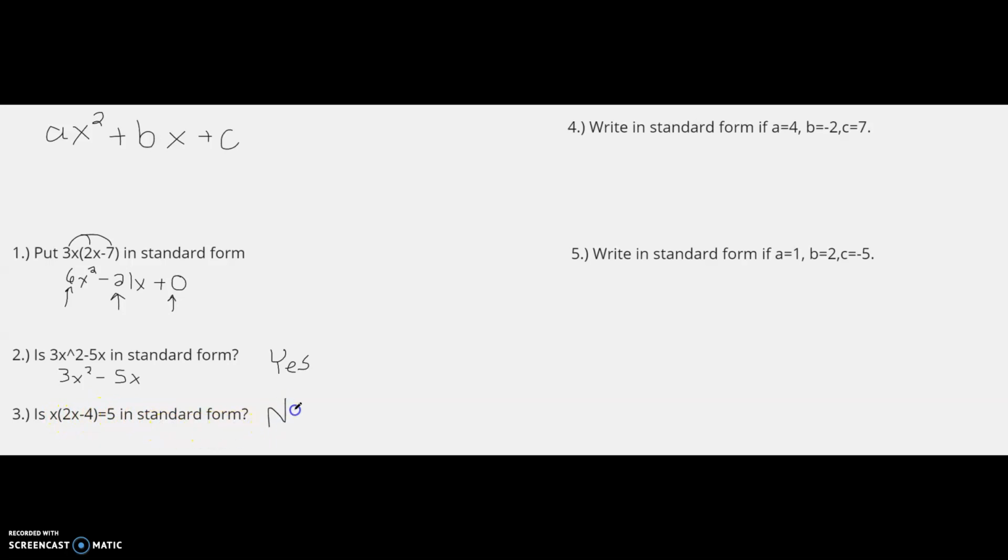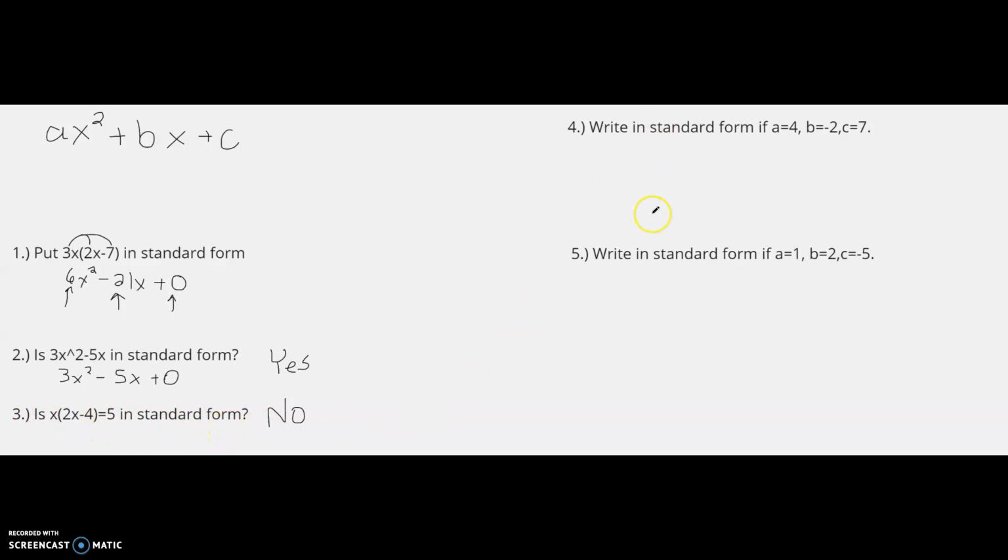No, it is not, because it does not look like the ax squared plus bx plus c up here, but we could do that. We could distribute the x and we could subtract 5 from both sides to put it in standard form, but these are just yes, no questions. Number 2 is in standard form. We could say a plus 0 here. And then number 3 is not in standard form.